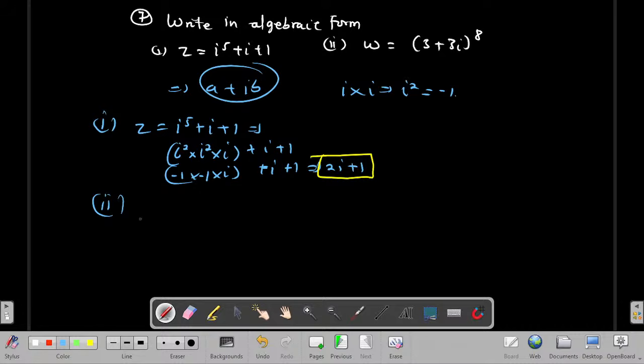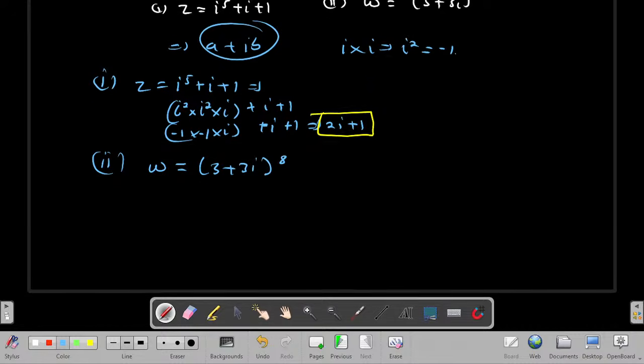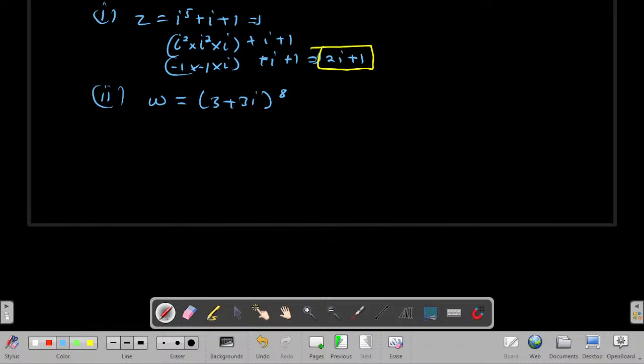So finally, we have w is equal to (3 plus 3i) to the power 8. To solve this, what's the first thing to do? This power 8 here, you cannot say that you're going to break this down 8 times. You suffer.